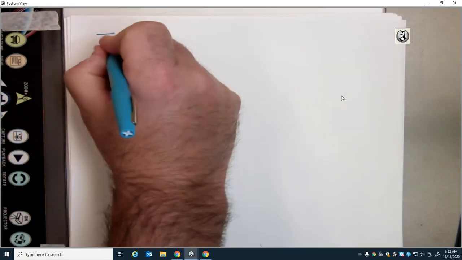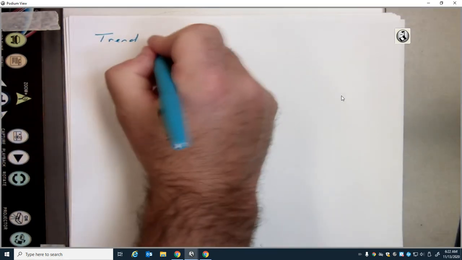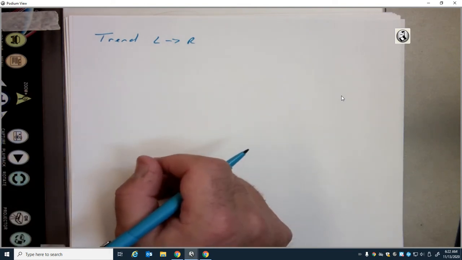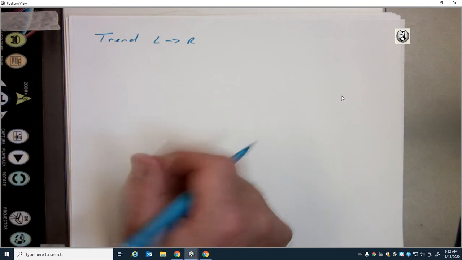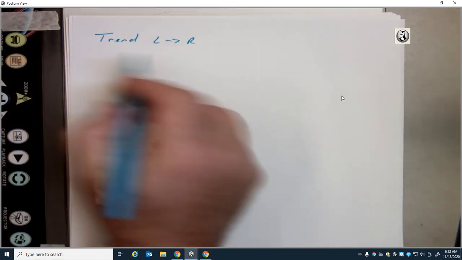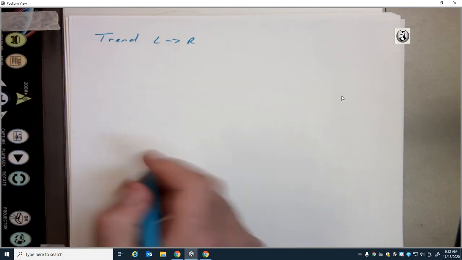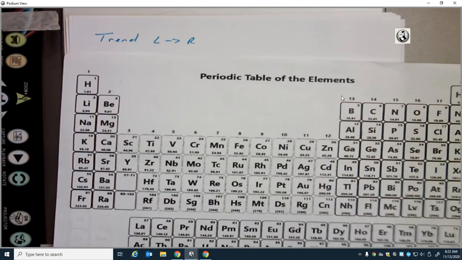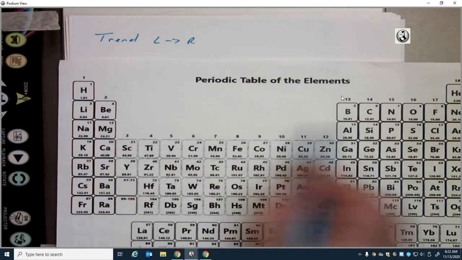So what's the trend of electron affinity? Okay, so let's start left to right. So when we look left to right, let's look here.